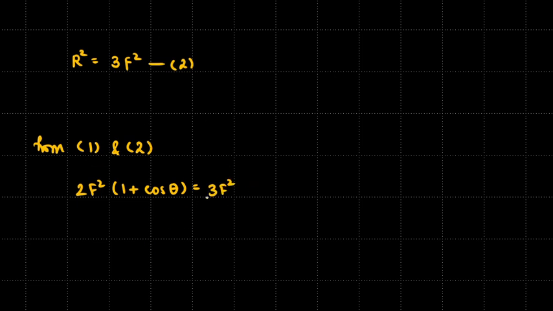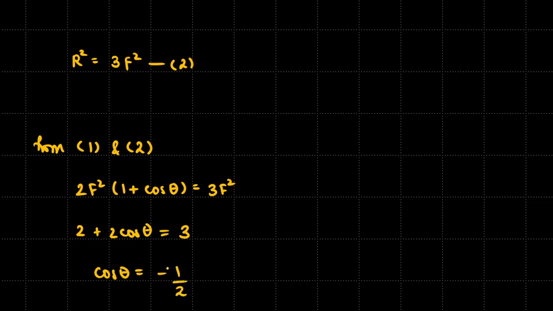Dividing both sides by f squared cancels out the f squared, and you get 2 plus 2 cos theta equals 3.